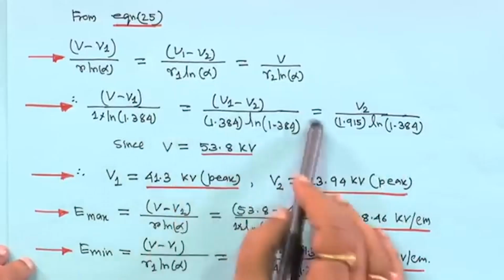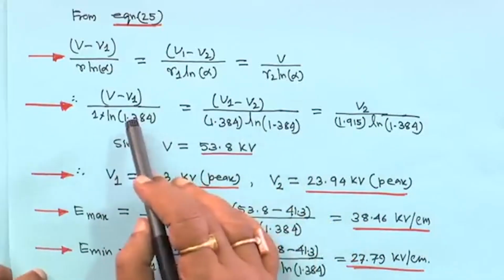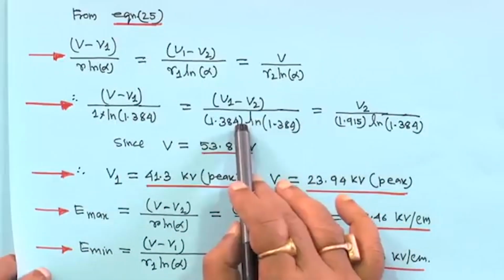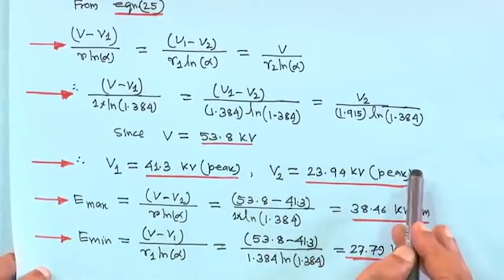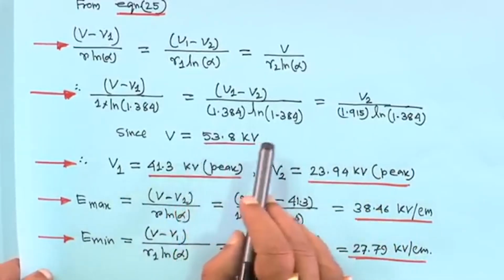Now, these equations are given. This is 3 equations actually: this one is equal to this one, one equation; this one is equal to this one, another equation; and this one is equal to this one, another equation. So, from these 3 equations and 3 unknowns, if you solve it, you will get the answer.